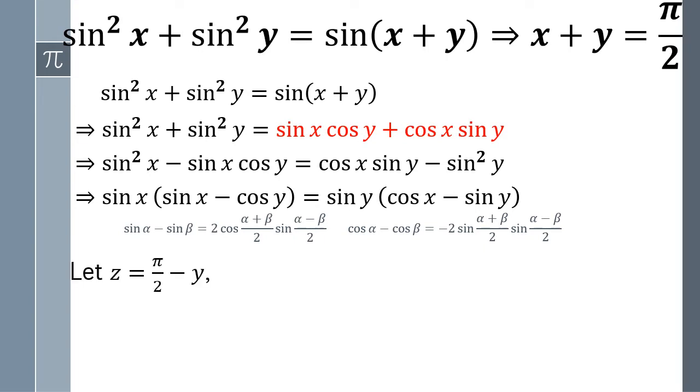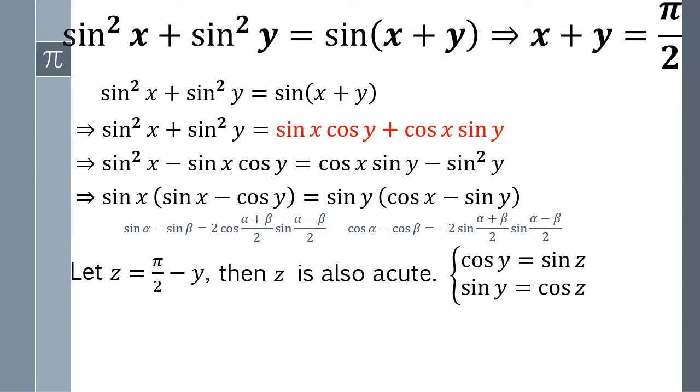The substitution is: let z be pi over 2 minus y. Then, of course, since y is an acute angle, z is also an acute angle. And more importantly, cosine y becomes sin z and sin y becomes cosine z.